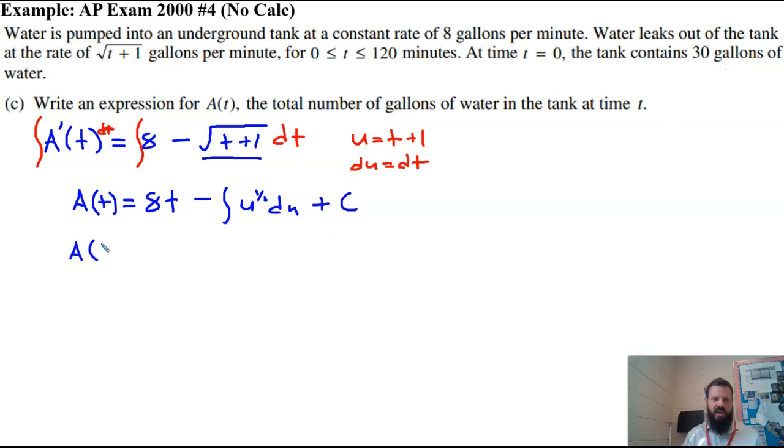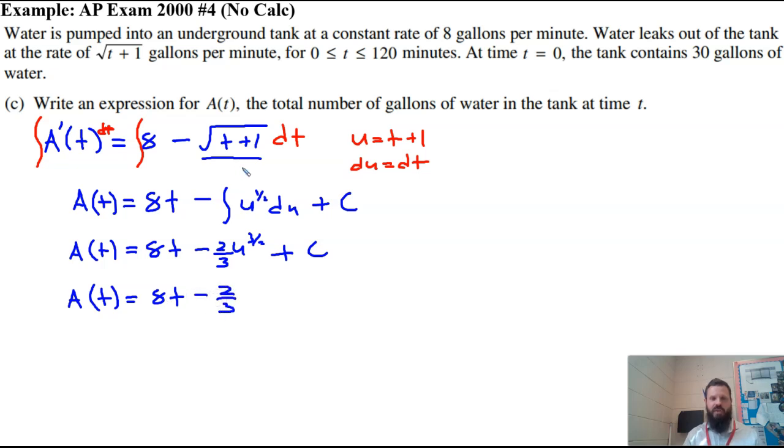All right, so rewriting, we've got A of t is equal to 8t minus, we've already done this one before, reverse power rule. It'll be u to the 3/2 power, multiplied by 2/3, plus that c. So in other words, A of t is equal to 8t minus that 2/3, and then I will need to substitute this u back in here, and I could rewrite that as a radical.